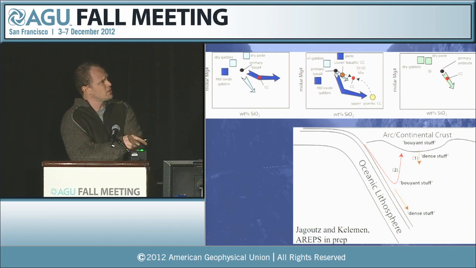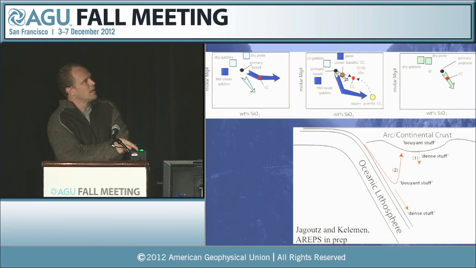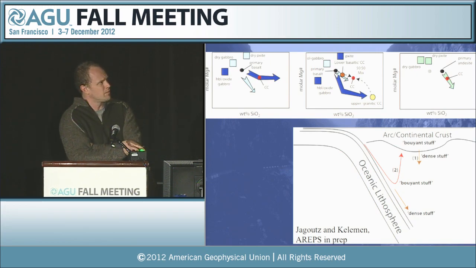So you can envision your favorite path for how you go from this black dot to the red dot here and explain the bulk composition. You can either go directly or make a more complicated path by mixing different components. But it doesn't matter. Even in the case of a high-magnesium andesite, you somehow have to lose a component that is very low in silica and high in magnesium number in order to make the bulk composition move from the black dot to the red dot.